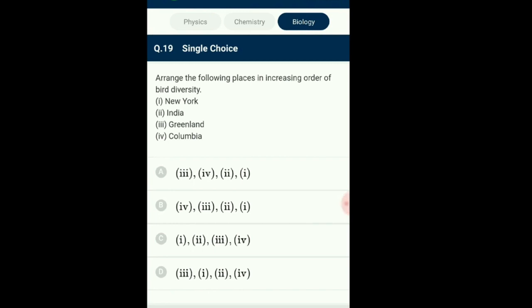New York, at 41 degrees north, has 105 species of birds, and Greenland, at 71 degrees north, has 56 species of birds. So the correct sequence is option D. The third one will come first, the first one second, the second will come third, and the fourth one is last.